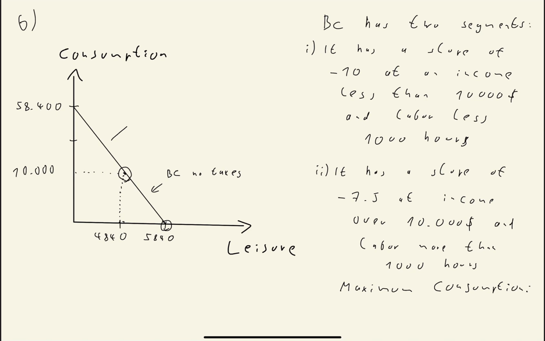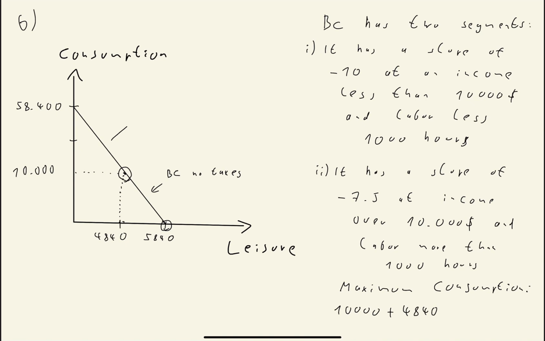So we have $10,000 which we can earn without paying any taxes. And then for the remaining work hours that we can conduct, which is then 4,840. For the first 1,000 hours of work time, we do not pay any taxes, so we earn $10 per hour.